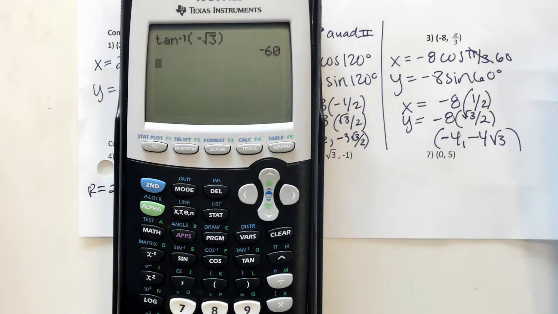Let me check if your calculator's in the right mode. Oh, you actually typed a subtraction sign instead of the negative sign. People do that a lot. Okay. So that doesn't mean that's what the angle is, but it gives us an idea of what it could be. Okay. Let's look back at our point.